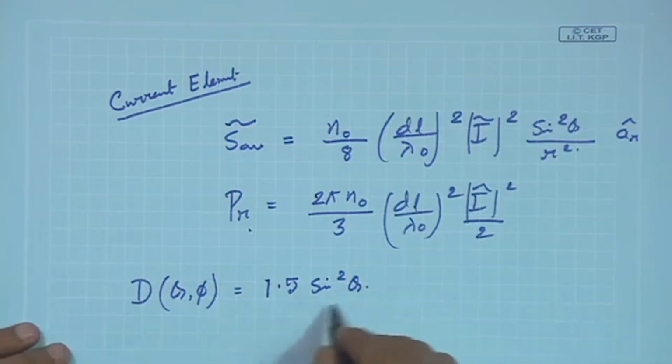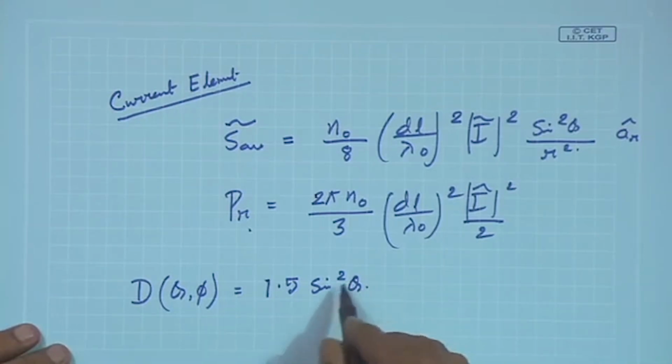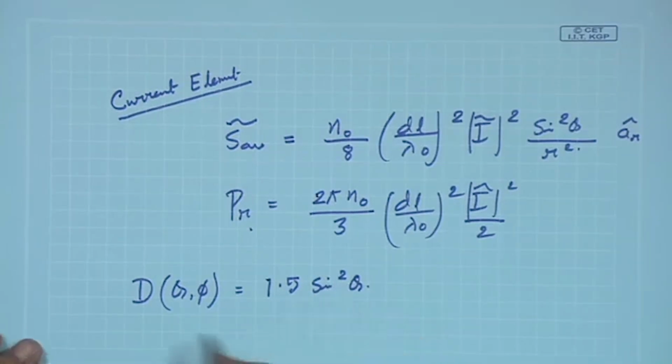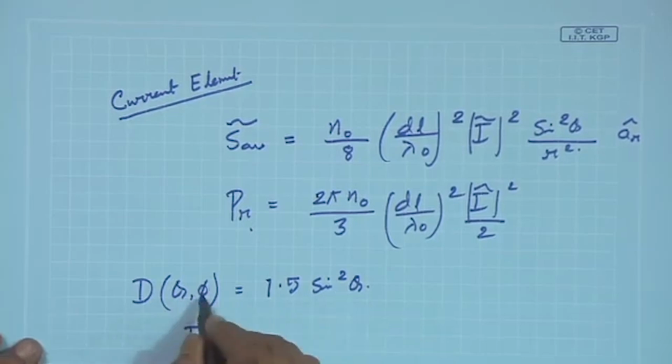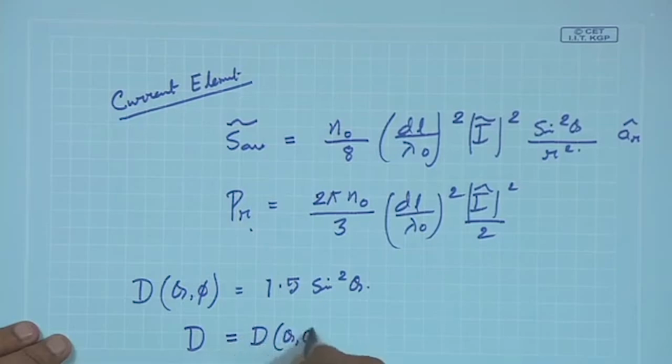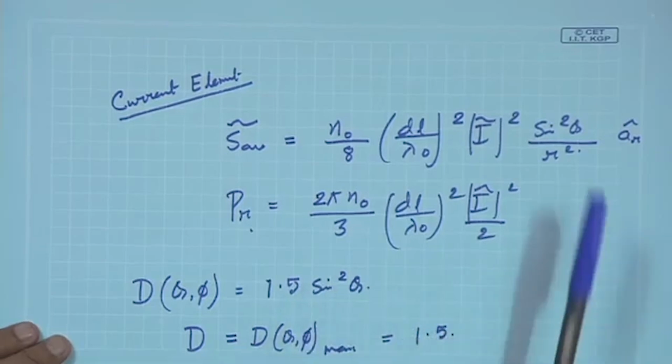So, what is the maximum value you can get? Obviously, when sin theta is 1. So, that will be 1.5. So, maximum directivity, generally instead of directivity function many times only D is said. The implicit thing is it is actually d theta phi is maximum value. So, in this case this maximum value is 1.5.